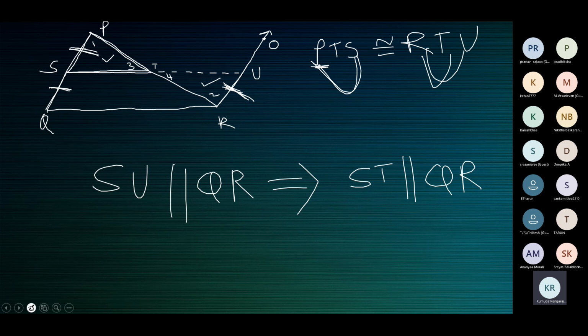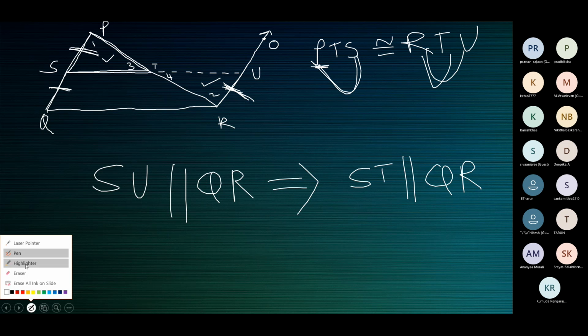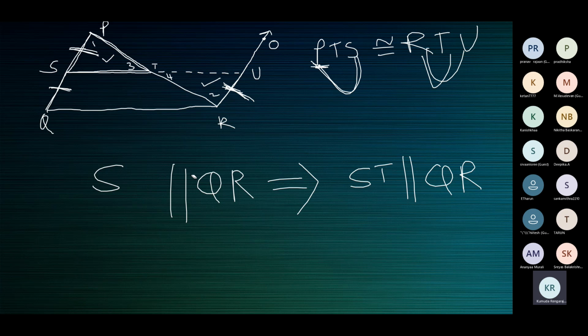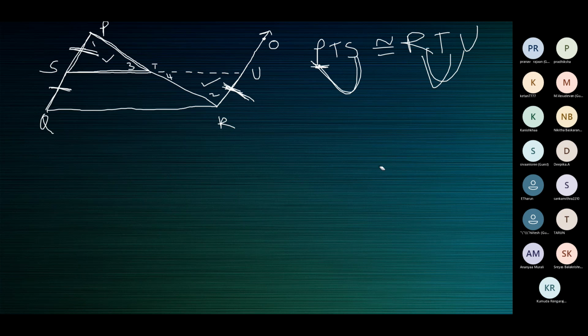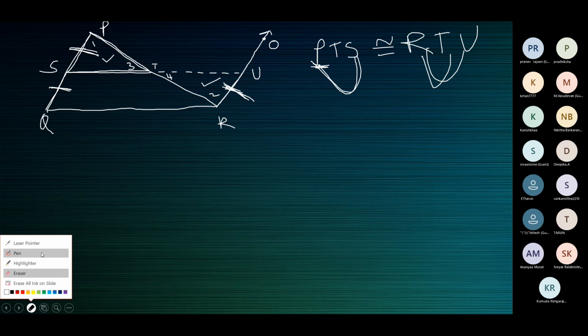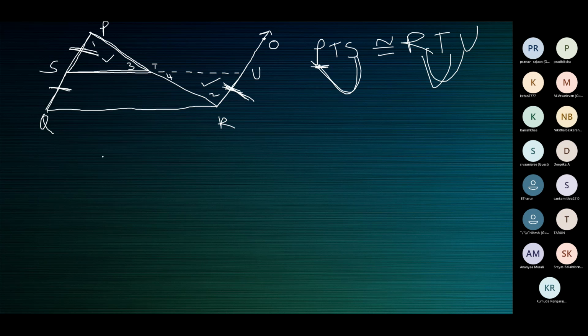Because SQRU is a parallelogram, you know that SU is equal to QR. Now what is SU?